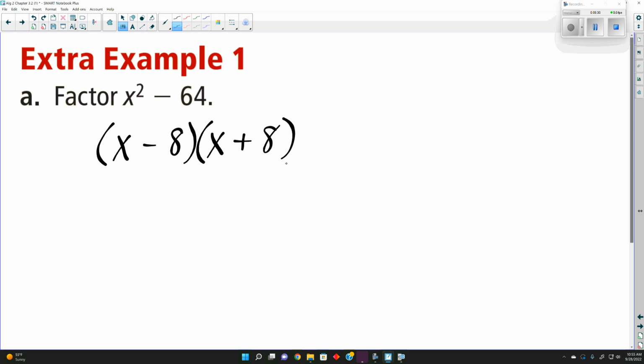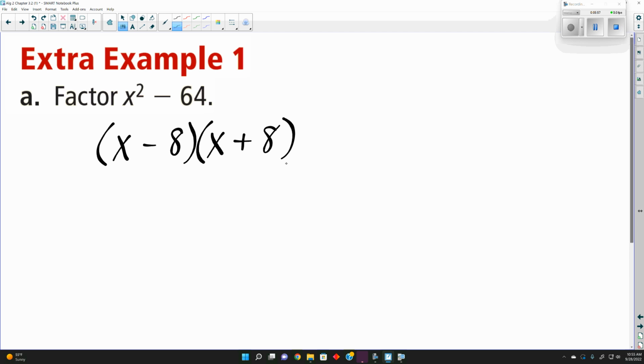How do we get the minus and plus? So we need the middle term to become 0. So the signs are going to be different. Also, if we were going through the steps like we would normally factor it, 64 in this case would be the third term because we don't have our second term or middle term.